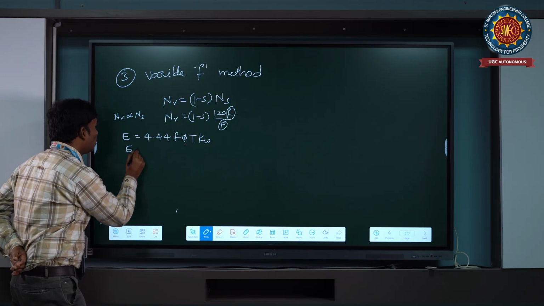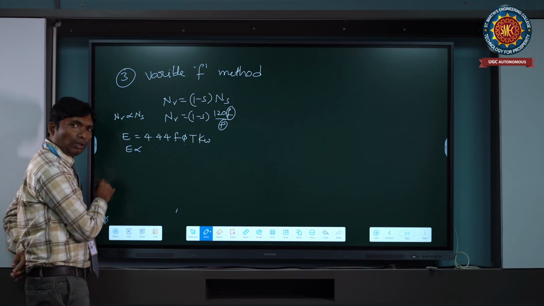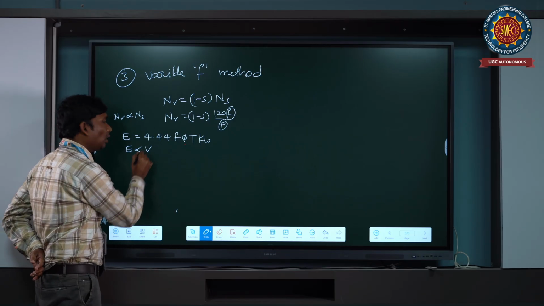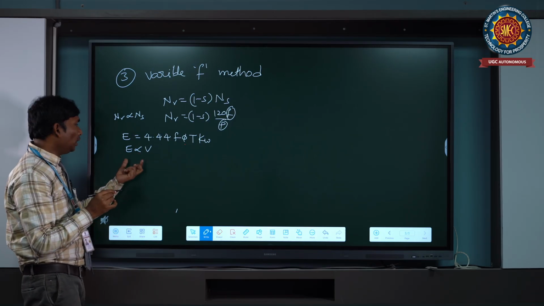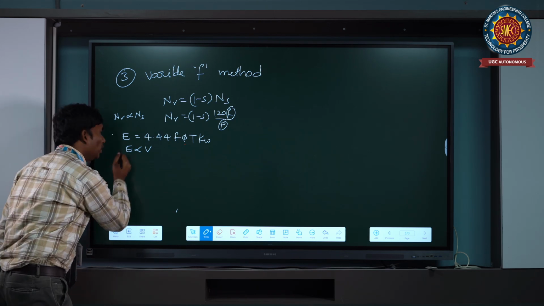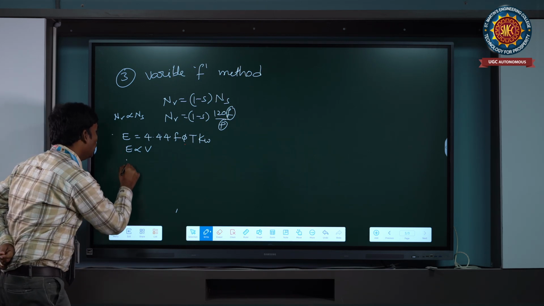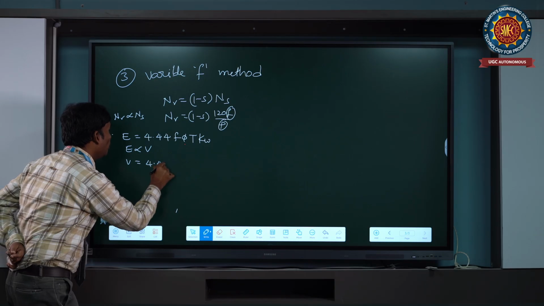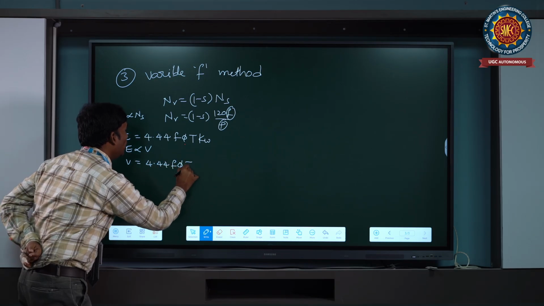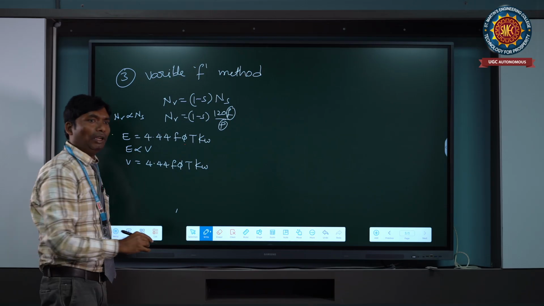The induced EMF in the rotor is directly proportional to supply voltage. So we can substitute V in place of E. V equals 4.44 F phi T kw.